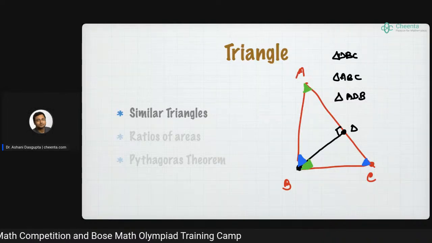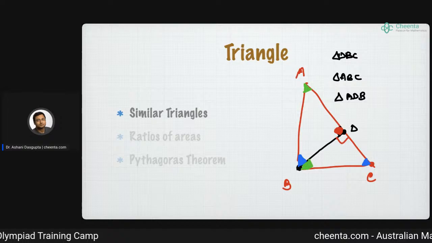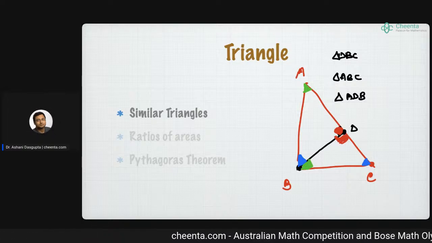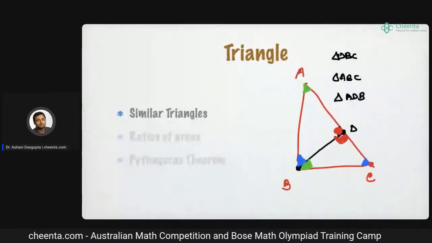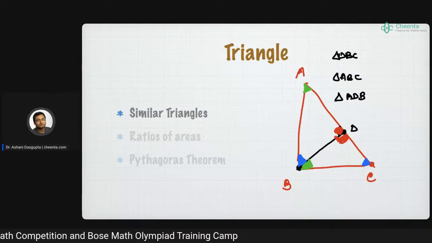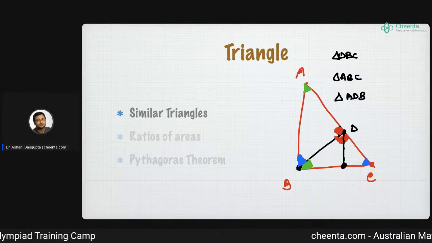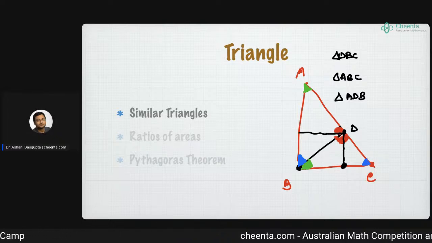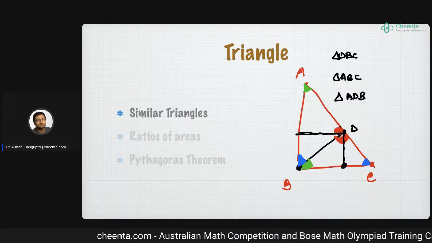And the red angle here is equal to the red angle here, because both of them are right angles. So if we again draw a perpendicular, will this property work? Yeah, of course. That's a very good question, in fact. If you keep on doing this, you can get a spiral of similar triangles.